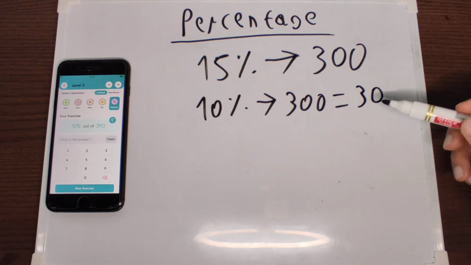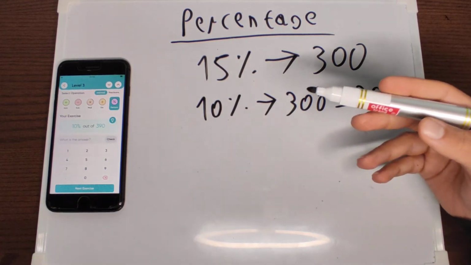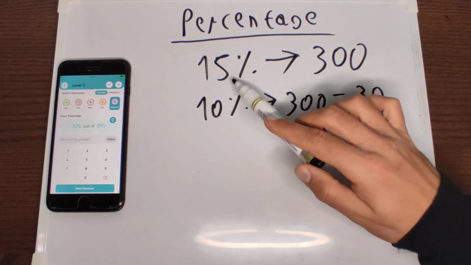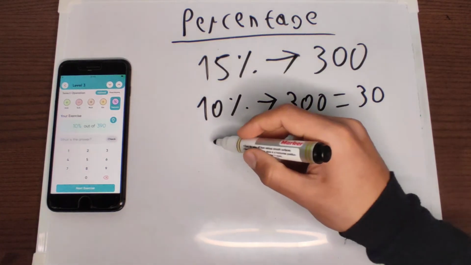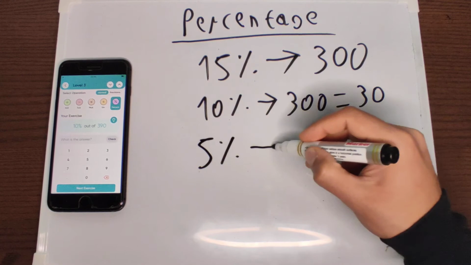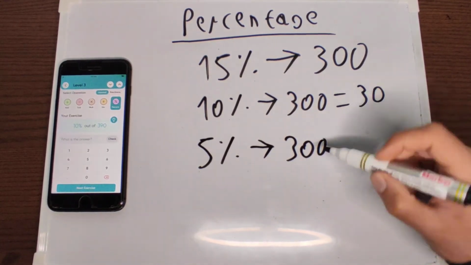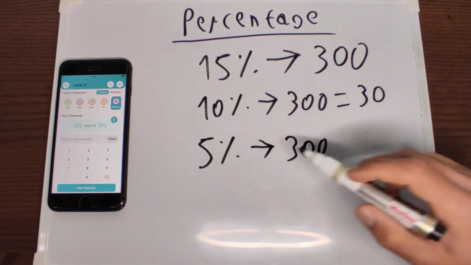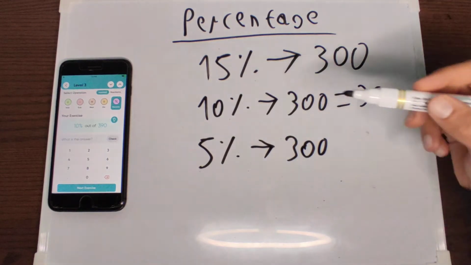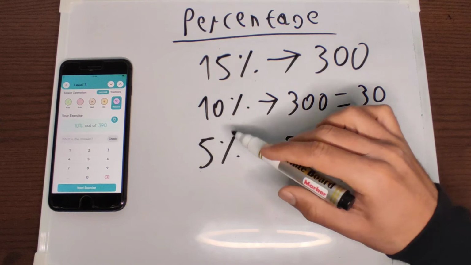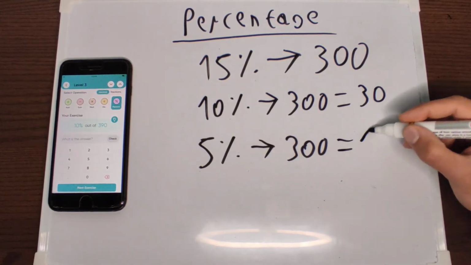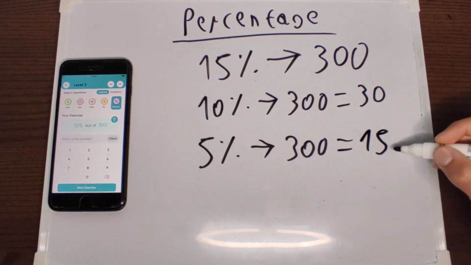And then we need to calculate the 5% because we need 15. And we know how much is 10%, but we need 5% more. So 5% out of 300: 5 is half of 10, so we will take half of the 30. So 5% is half of the 30, which is 15.